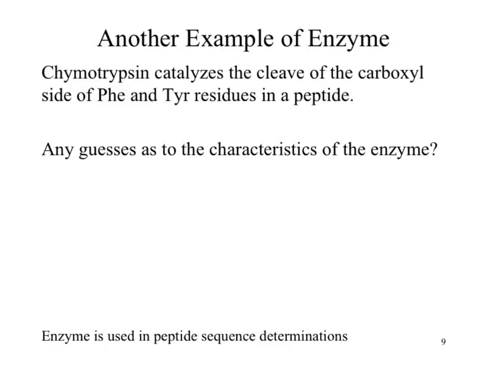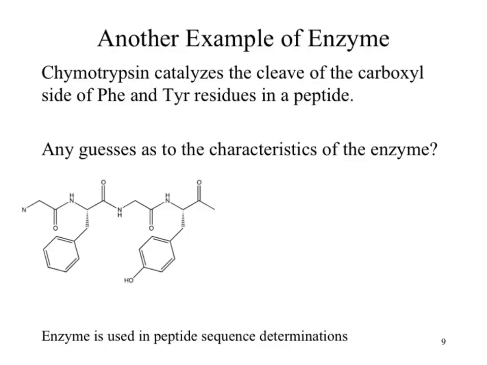So what characteristics of phenylalanine and tyrosine are similar? You all have those amino acids memorized, so you know what their structures look like? What did it only cleave? So what we've got, phenylalanine and tyrosine. What do they have in common? The R group.